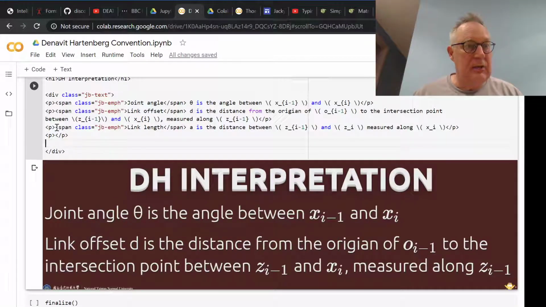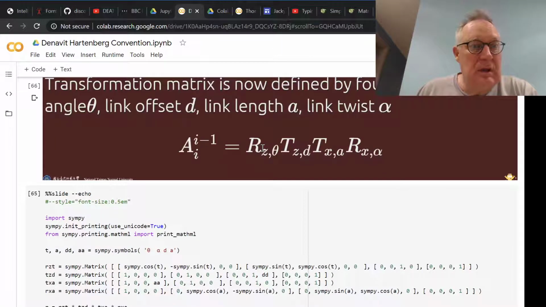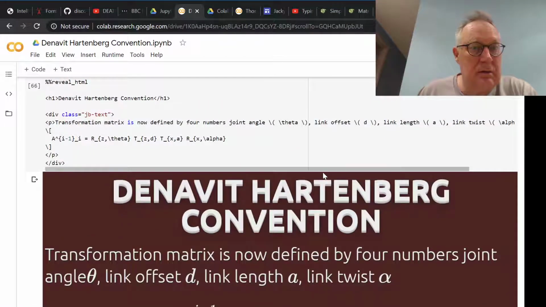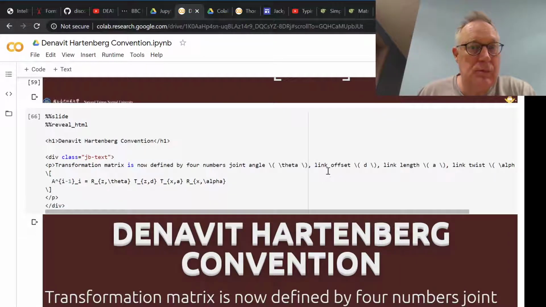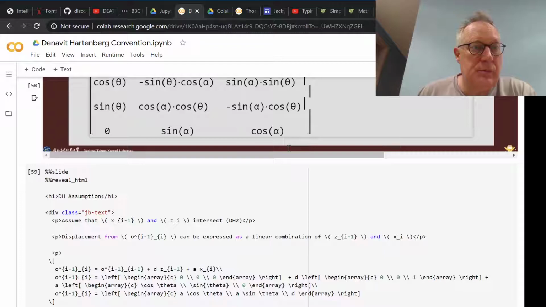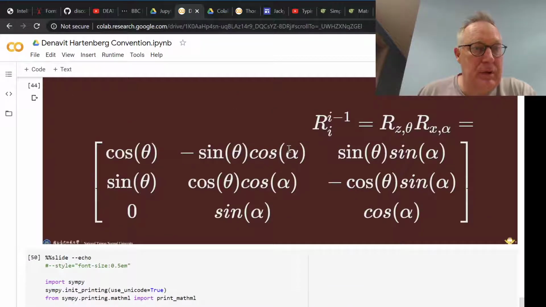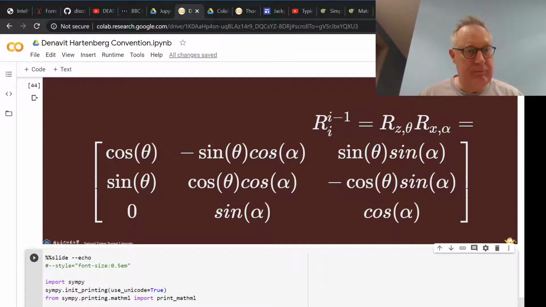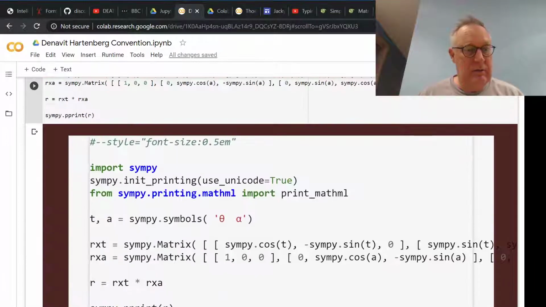And last we have the link twist alpha. Let's see, so where did I put the NumPy? Here. No, I need alpha.